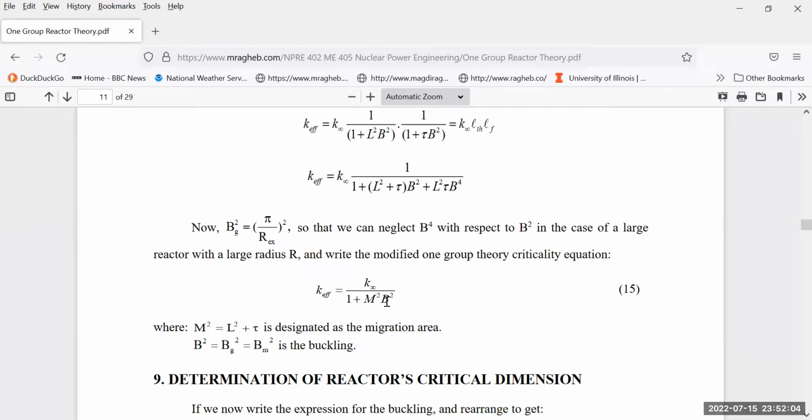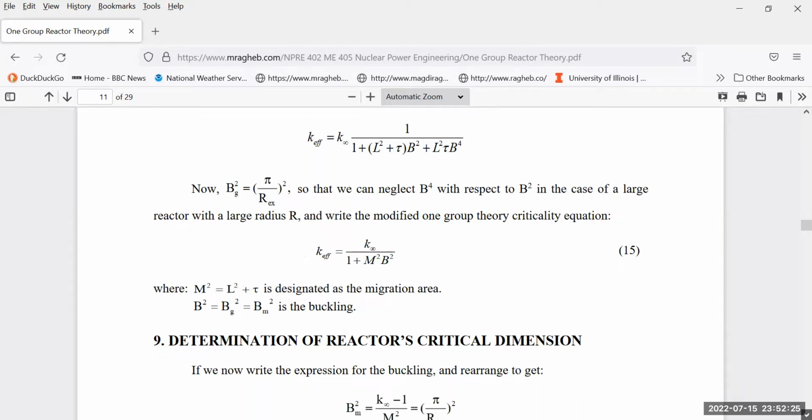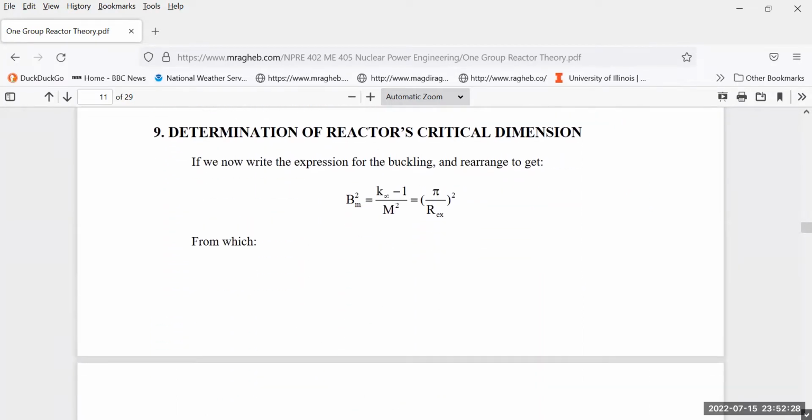And of course, in that case, B squared is the buckling, the pi over the extrapolated distance squared. All right, so in that case, we can use either form of the equation. For a small reactor, as you can tell, we cannot ignore that last term here. So we simply use the combined equation in general.